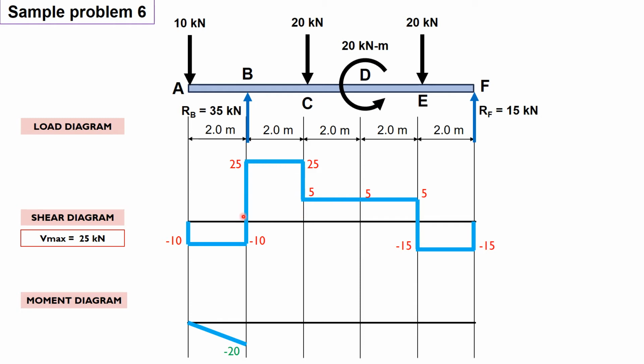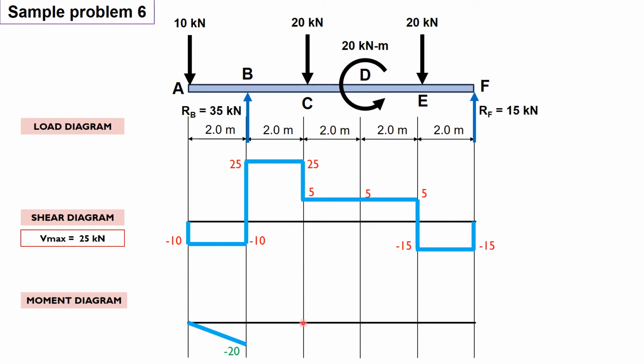Take note class that itong 25 na to ay yung ordinate ng shear to the left of C. Kaya, kasama siya dito sa area na to. Or meaning, the area of this shear diagram is 25 multiplied by 2. And it is positive.